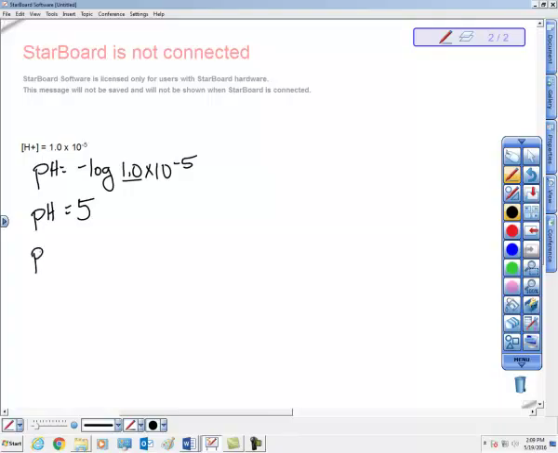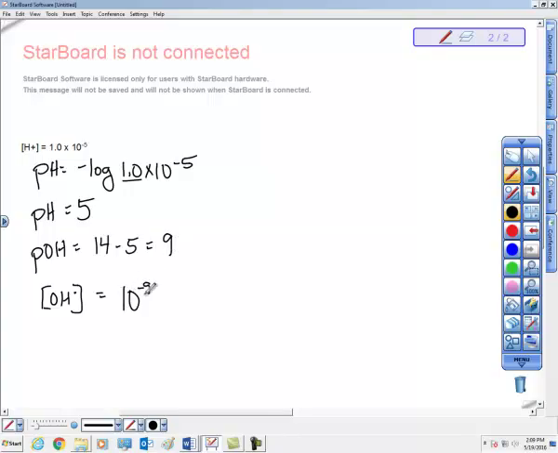How do we get pOH? 14 minus 5. What's 14 minus 5, guys? 9. And then the concentration of your OH ion. Technically on your calculator you would go shift log, which would give you a power of 10, and then you go -9. Look at that, it's not a decimal.